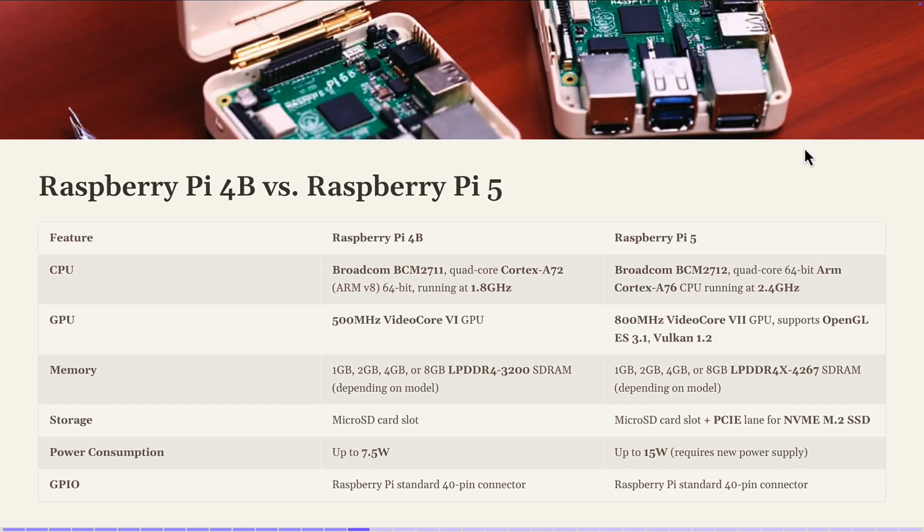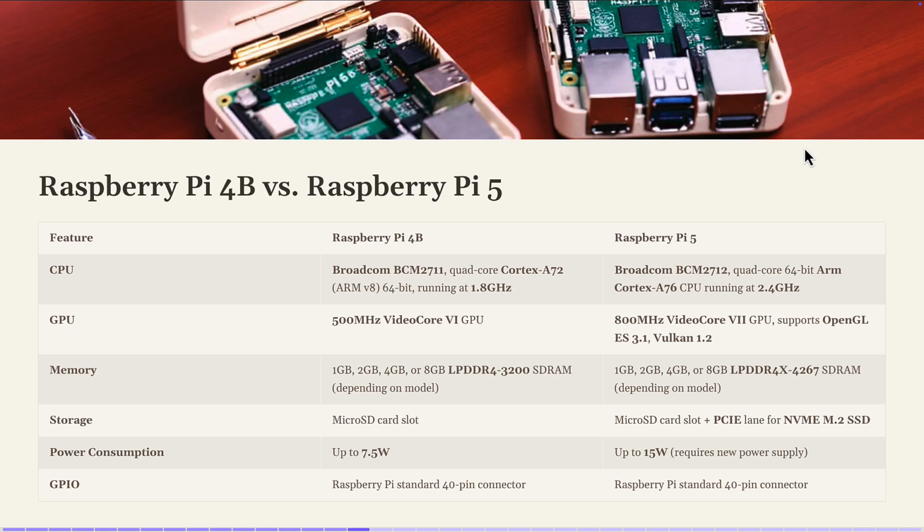So this is a summary comparing Raspberry Pi 4B and Raspberry Pi 5. We can see there is a difference in the type of chip here. This one works on Cortex A72, here A76. And you can see the difference. Both work on 64 bits, but the clock is different.